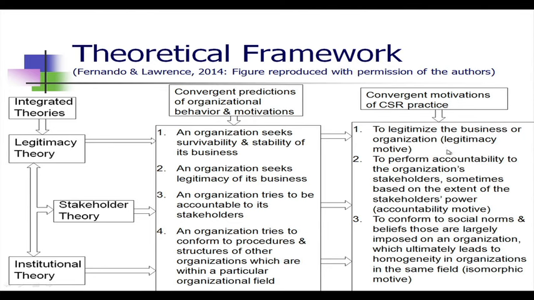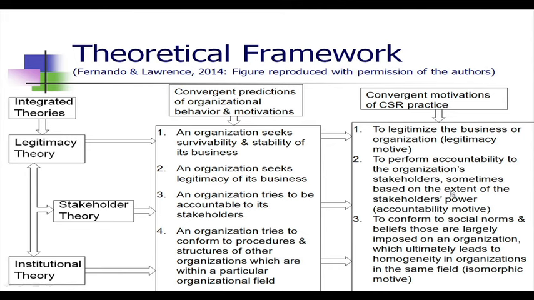So legitimacy theory then translates into legitimizing the business or organization to perform accountability to the organization's stakeholders. So stakeholder theory then becomes this. The motivations and behaviors that are predicted by the stakeholder theory then translate into the performance of accountability to the organization's stakeholders, sometimes based on the extent of the stakeholders' power, accountability motive.